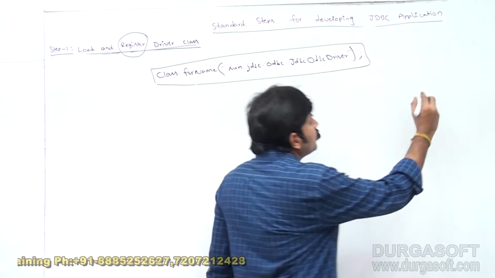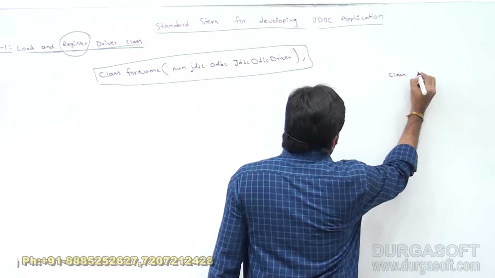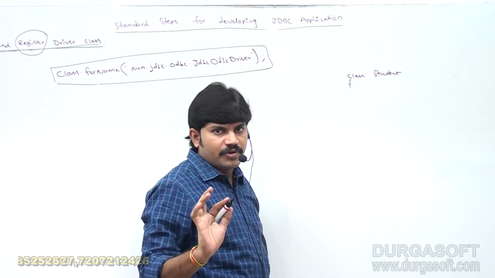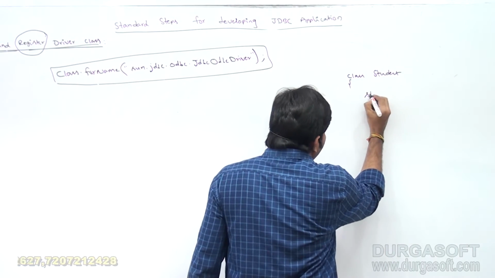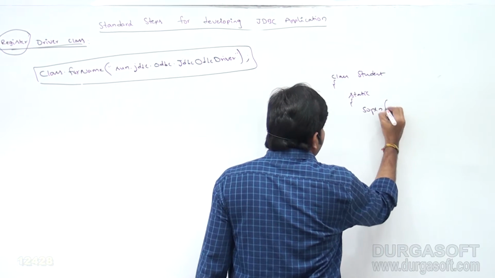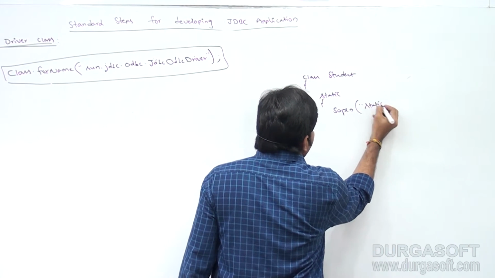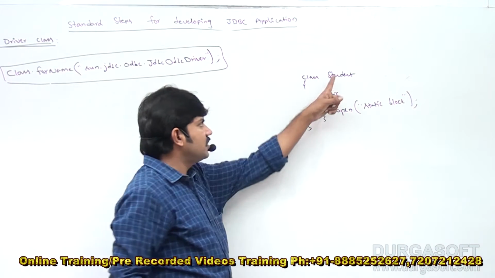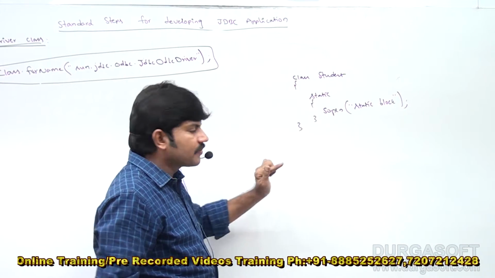Best example: suppose I have a class Student. In the Student class there is one static block, System.out.println("static block"). This Student class contains a static block.